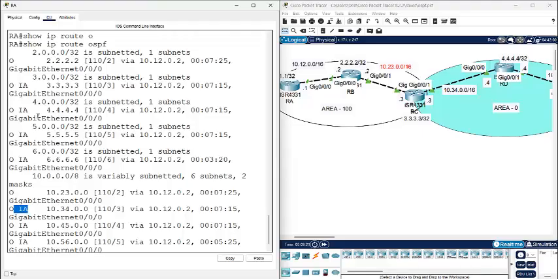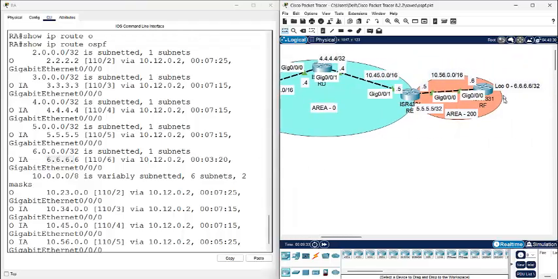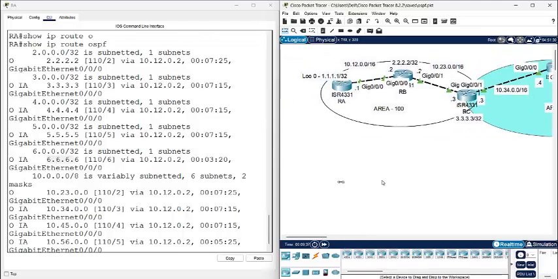It is coming via the border, but those networks are from another area. See, this 6.6.6.6 is in area 200, isn't it? You see, area 200. So networks from another area will have IA with O. Same area networks will have only O. You got that?